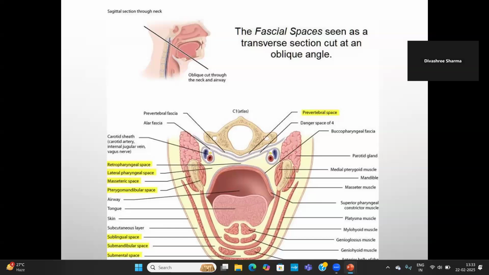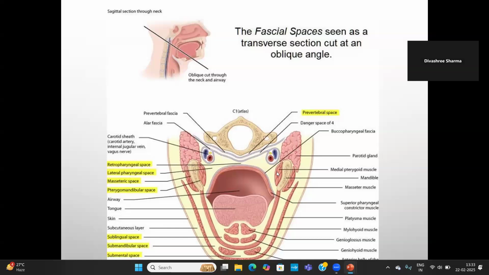Now, this is the tongue, the pink colored area. This is the airway. Coming to this region, this is the mandible.